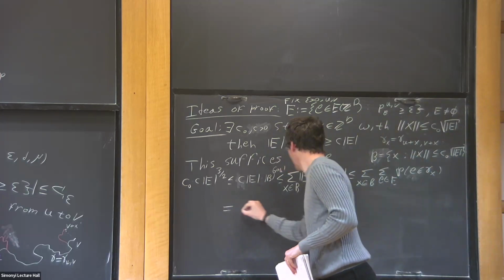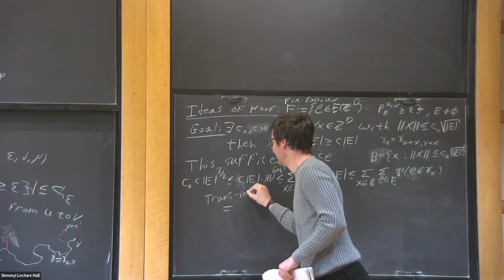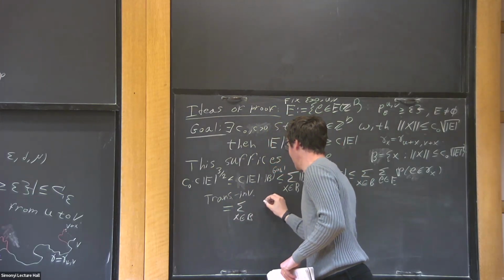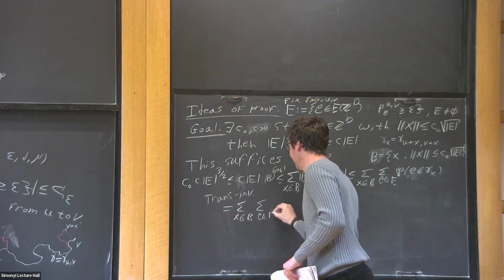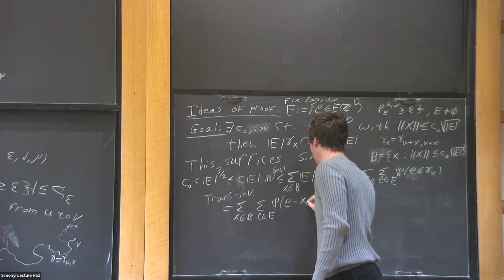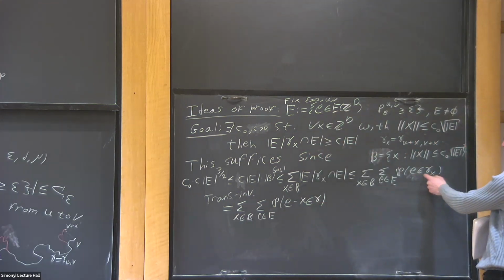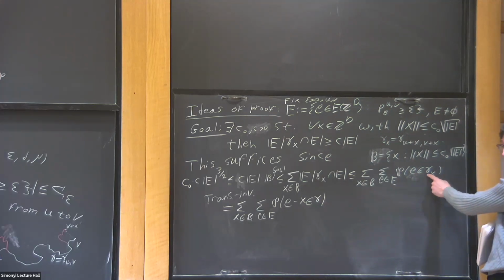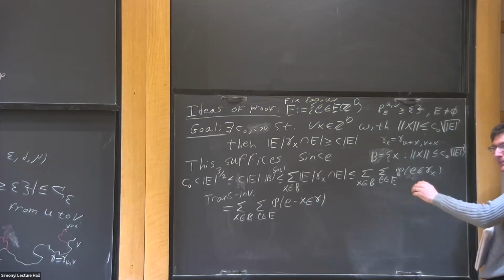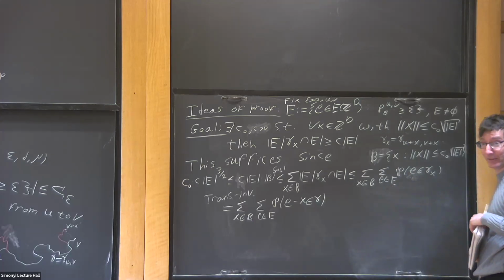So this is equal, by translation invariance, to the sum over all x in B, the sum over all e in E of the probability that e minus x belongs to gamma. So instead of asking whether e belongs to gamma X, I'm going to ask whether a translated version of e belongs to the translated geodesic, and that's by translation invariance.